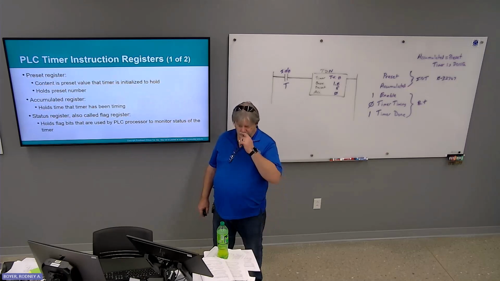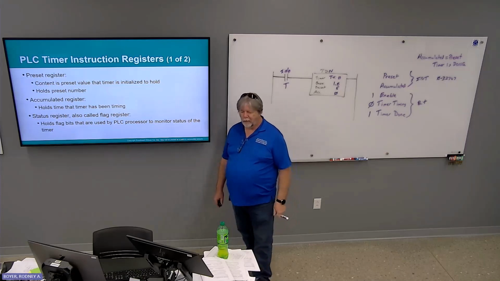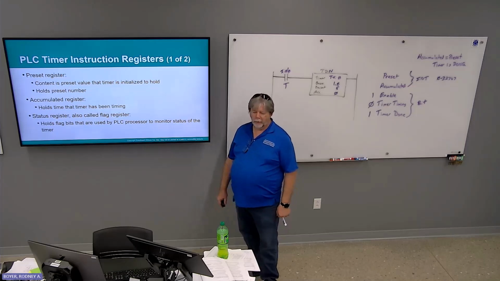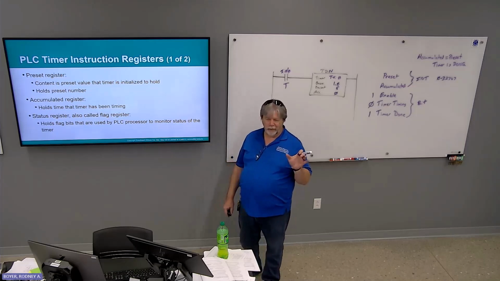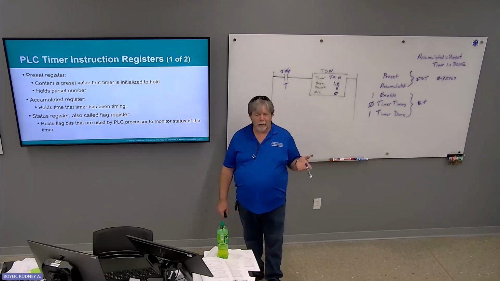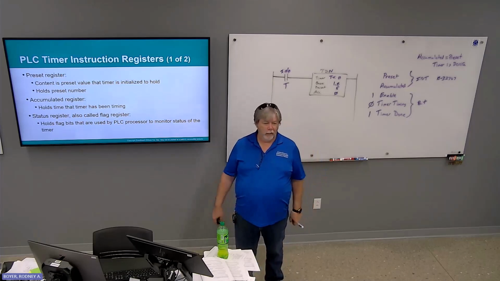The preset register is a preset value that the timer is initialized to hold. It holds that preset number, the value that you want the timer to time to. So 5 seconds, 20 seconds, 3 seconds, whatever that number is.